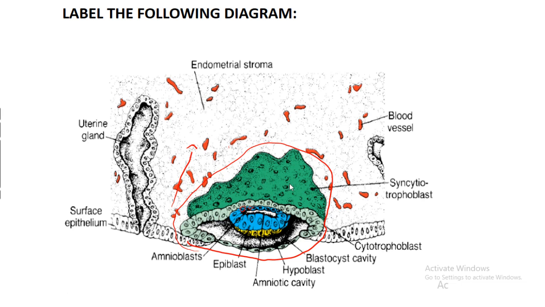So when you talk of drawing, you need to understand that the syncytial trophoblast is multinucleated, and then when you talk of the cytotrophoblast, it is what? It is uninucleated. And then the epiblast is simple columnar, and then the hypoblast is just simple cuboidal.